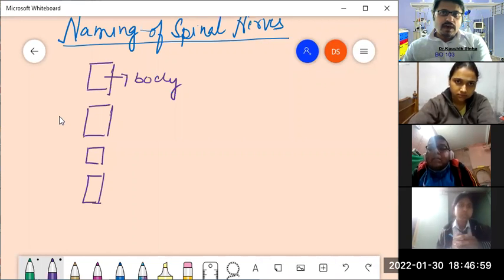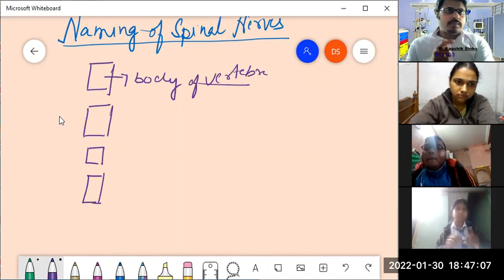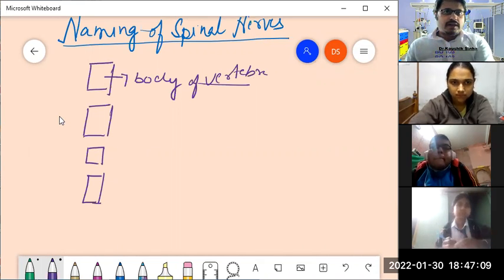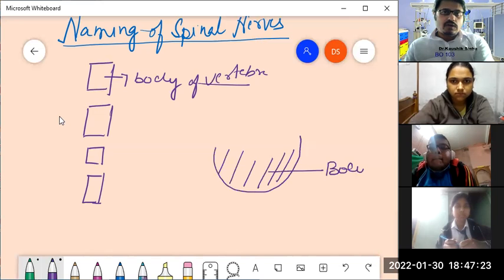I have probably not discussed the structure of a typical vertebrae. Let me just brief that structure, which will help you understand the spinal nerves naming in a better way. Suppose this is the shape of the vertebrae. The front part is known as the body, and this is a solid part.